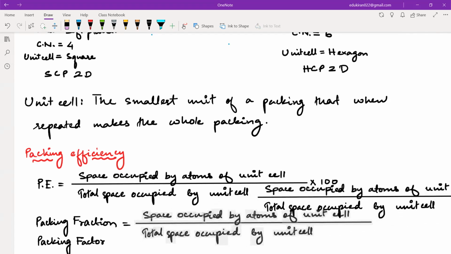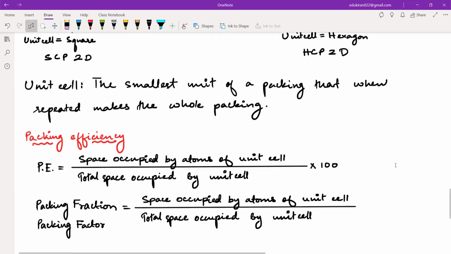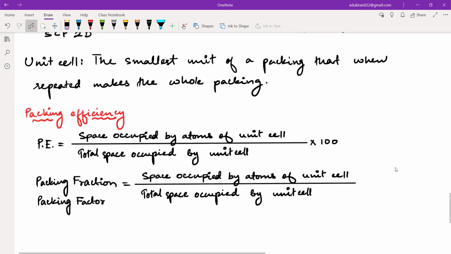Hence, you can also write packing efficiency equals packing fraction into 100.